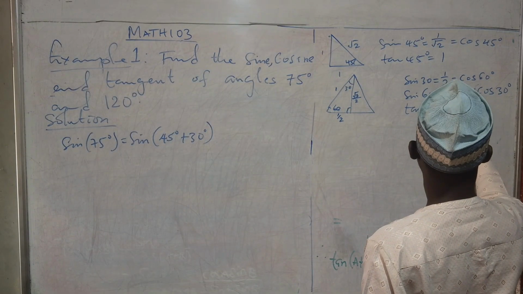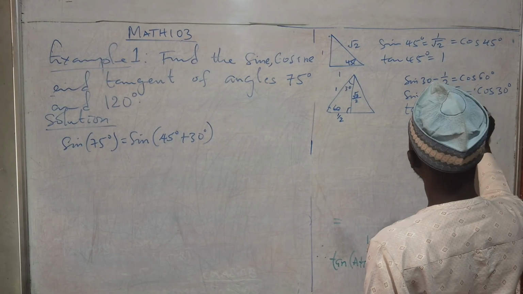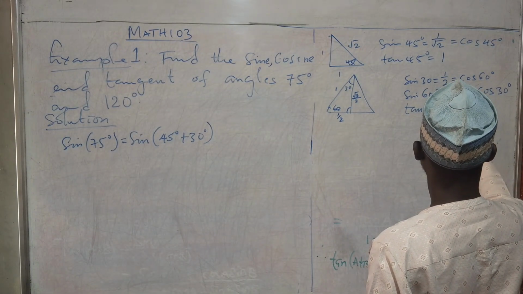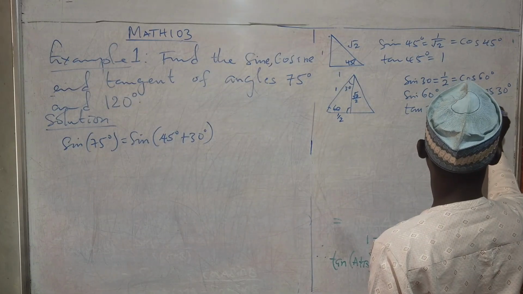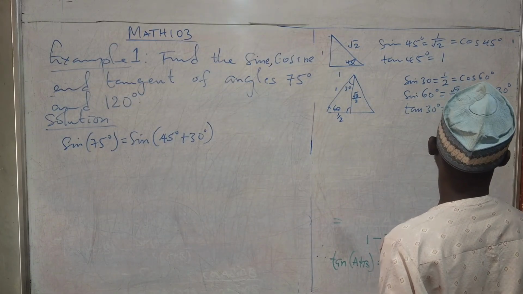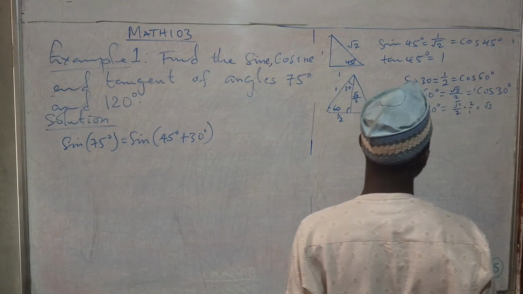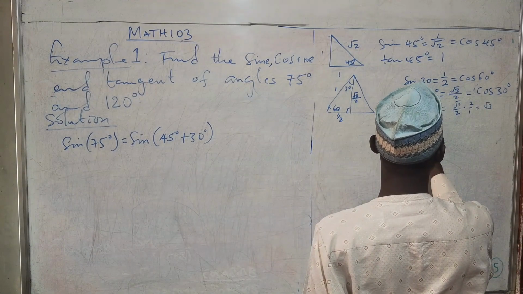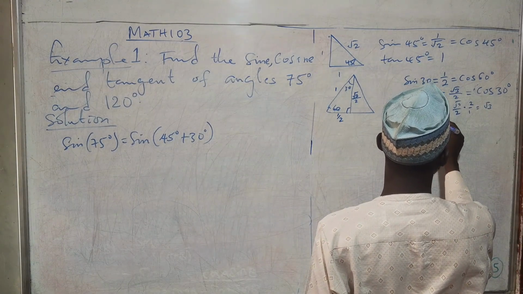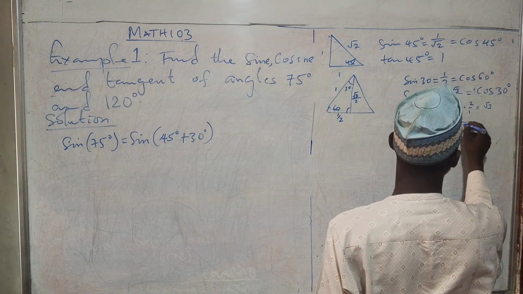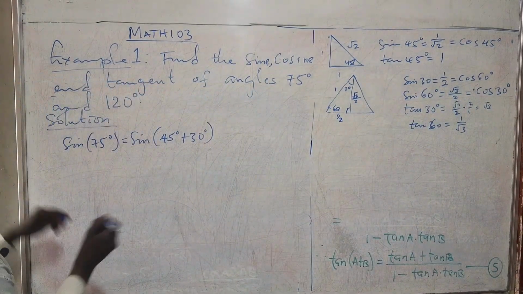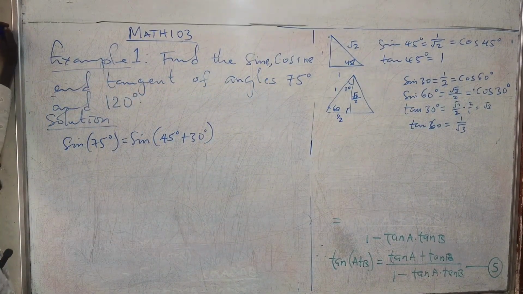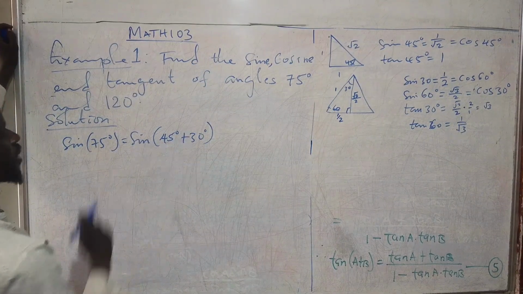And tan 60 is root 3. Okay? So what we are saying here is, this is 45 plus 30.